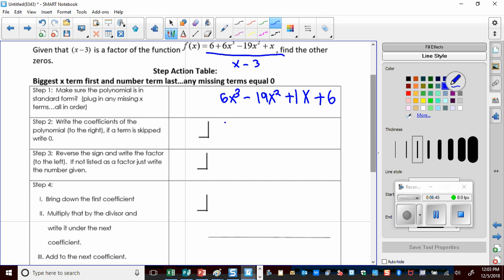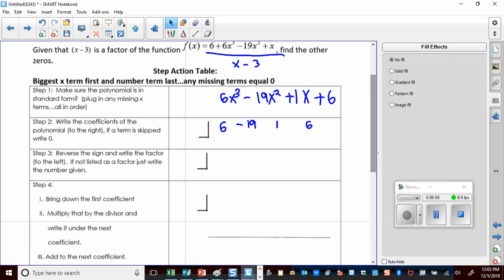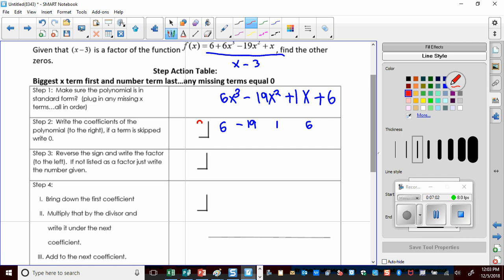No terms are skipped, so we have 6, negative 19, 1, and 6. On the outside, we're going to write 3. We're going to reverse the sign of it, so positive 3. This is the factor. We reverse the sign. Okay, so we know what our divisor is.